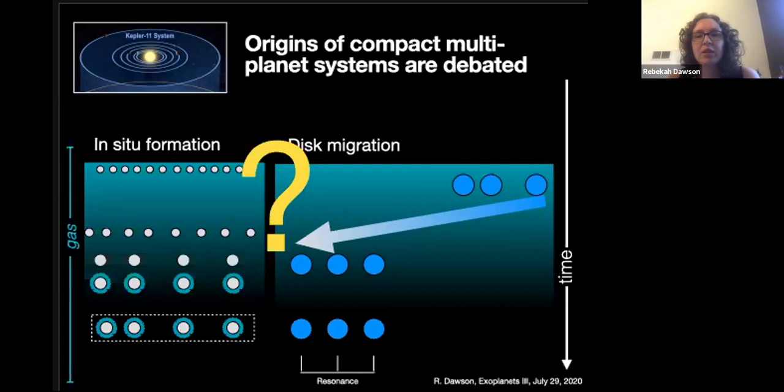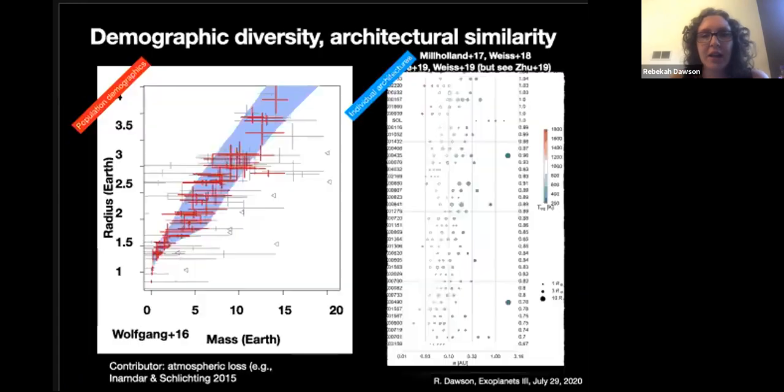A final type of trend that I'll talk about for these compact multi-planet systems is how similar or different these planets are. We know from the population demographics that there's a lot of diversity if we look at the overall population of super-Earths and mini-Neptunes. I showed you how they have that very broad distribution of orbital period ratios.